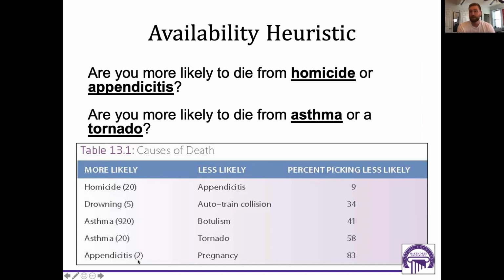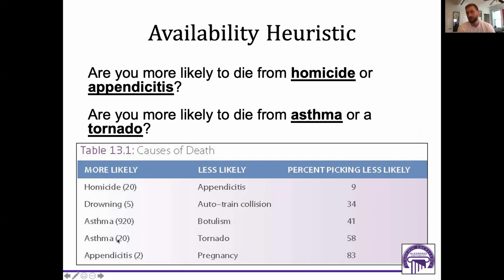So how can we interpret these results? Basically, what seems to be happening here is that people are choosing sometimes the less likely alternative because it stands out in that person's mind. So for instance, consider the tornado and asthma example. It's likely that you've heard of people dying from tornadoes before, right? So through your local news or something like that, through stories, through anecdotes.